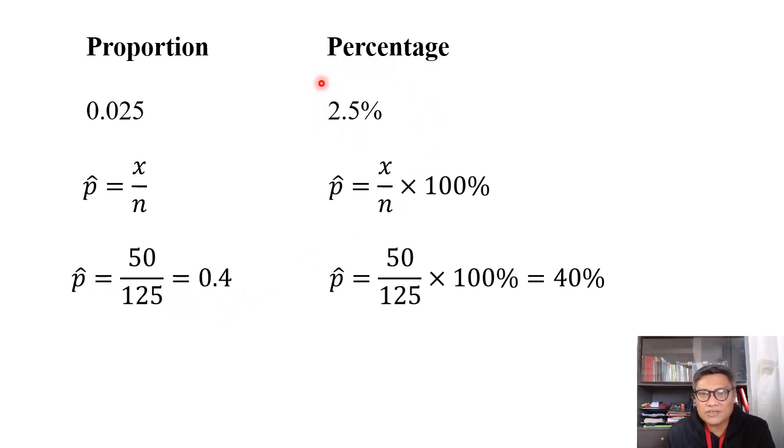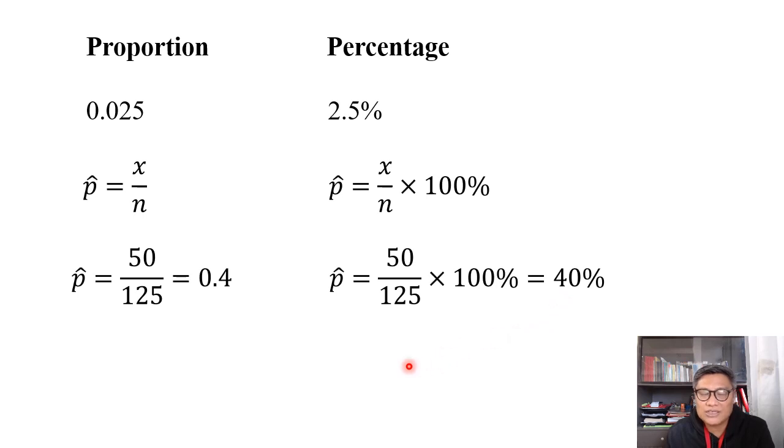The percentage, on the other hand, is simply multiplying the proportion by 100%. So 0.025 times 100% is 2.5%. And in the formula, we always multiply by 100%. An example is 50 divided by 125, which is 0.4, times 100% is 40%.